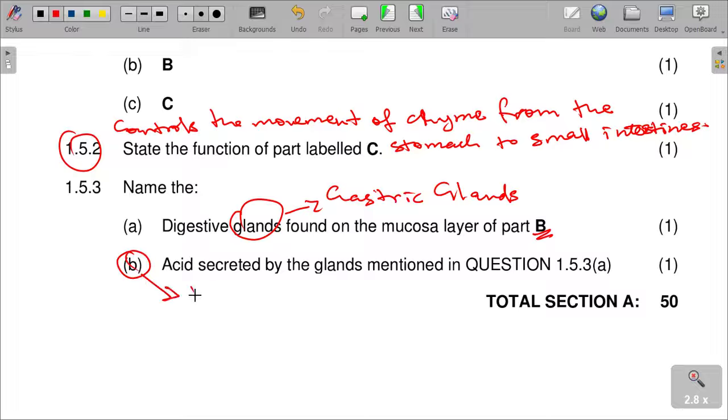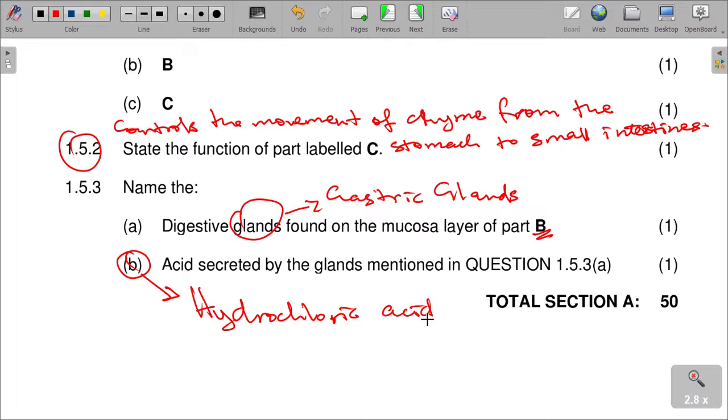It's hydrochloric acid. Hydrochloric acid is a digestive acid that helps in chemical digestion, secreted from the gastric glands.